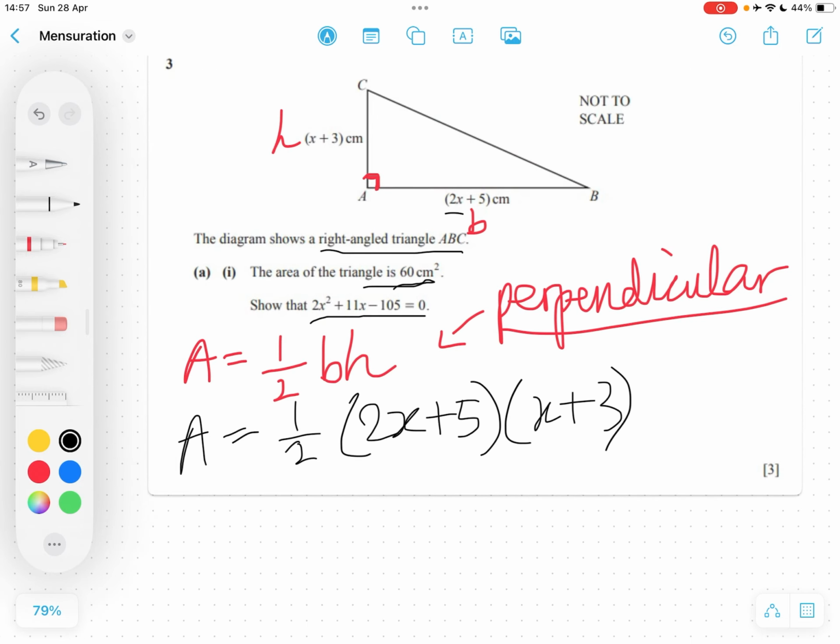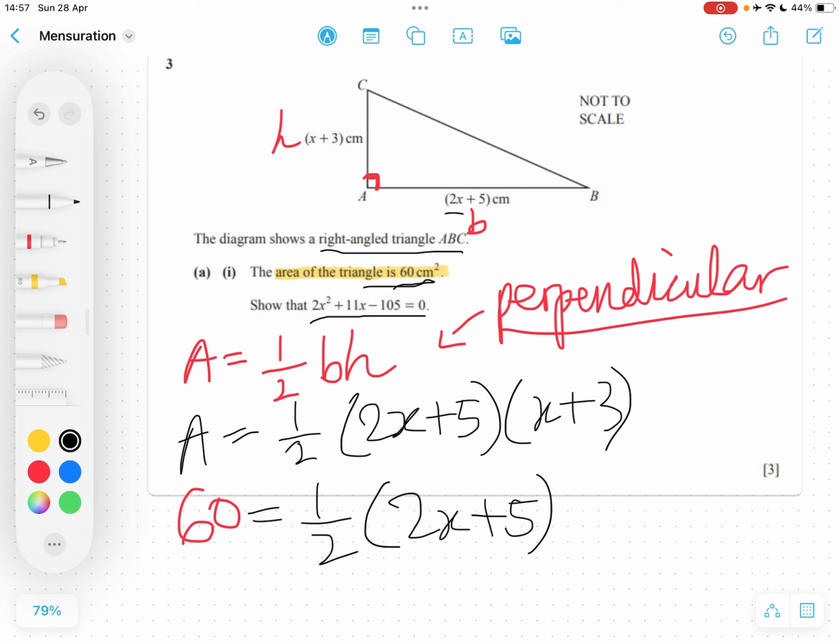But we also know that they've given the area as 60 centimeters squared. So we can substitute that in for A. So 60 is now equal to this expression.